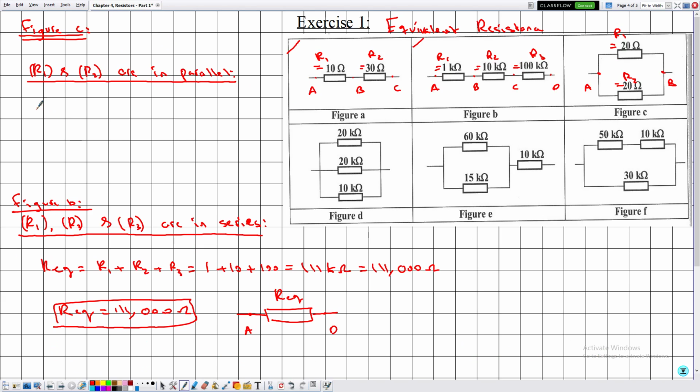Then in this case the equivalent resistance is given by 1 over R equivalent is equal to 1 over R1 plus 1 over R2, which is equal to 1 over 20 plus 1 over 20. Now here you need to be very careful because we are adding two fractions, and whenever we are adding two fractions you need to consider two different things.